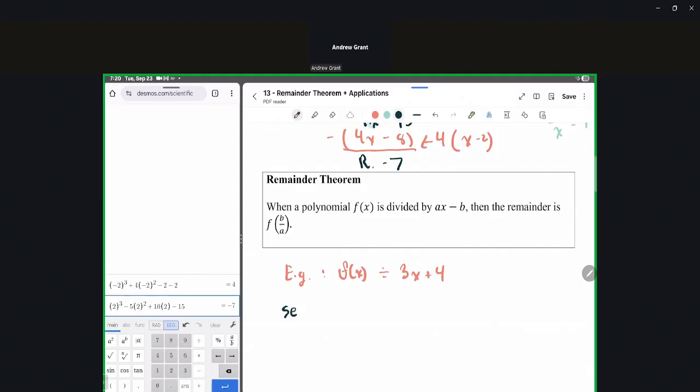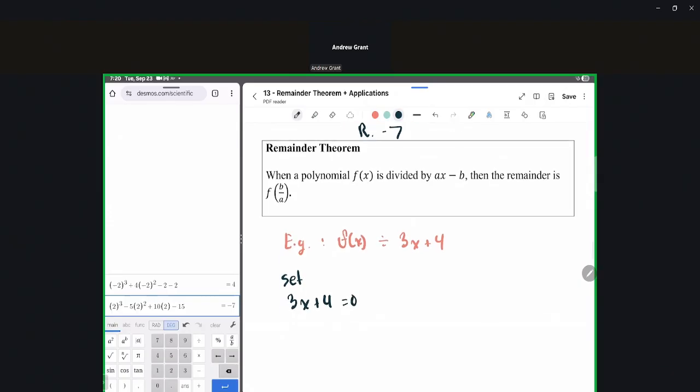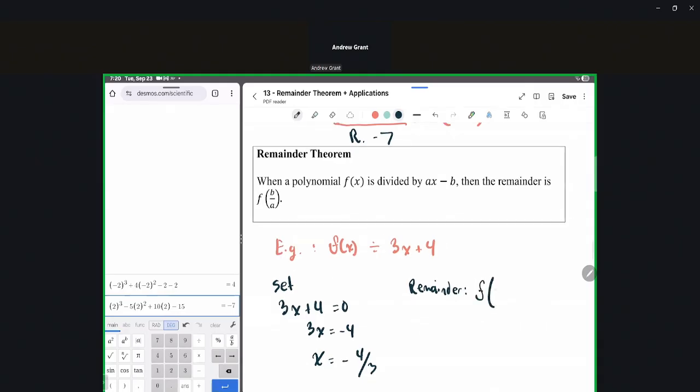We would set 3x plus 4 equal to 0. So that'd be 3x equals negative 4, and so x would be equal to negative 4 thirds. Then if you wanted the remainder, you would check f of negative 4 thirds.